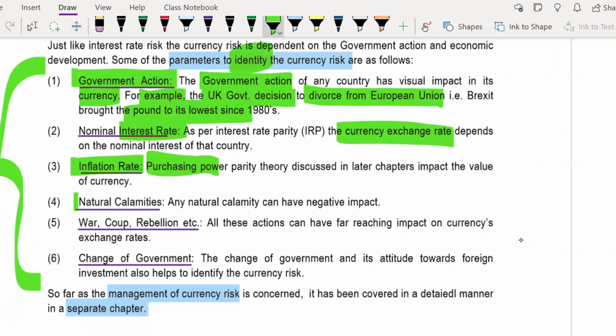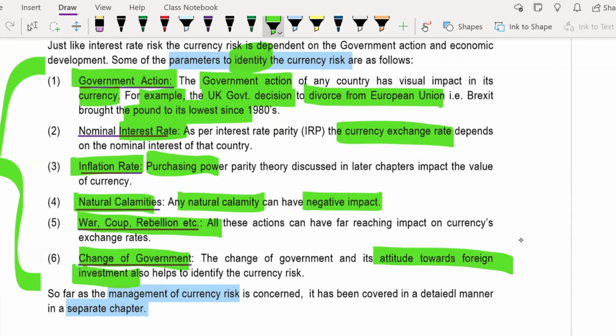Then natural calamities. Any natural calamity will have a negative impact on your currency. Then if there is a war or anything like that, that can also have a negative impact on your currency if your currency is not doing well in those areas. Then if there is a change in government, and if its attitude towards foreign investment is not so good, then it can again have a negative impact.